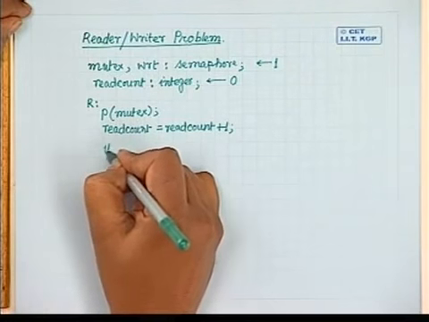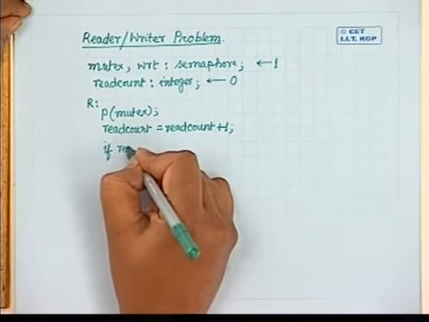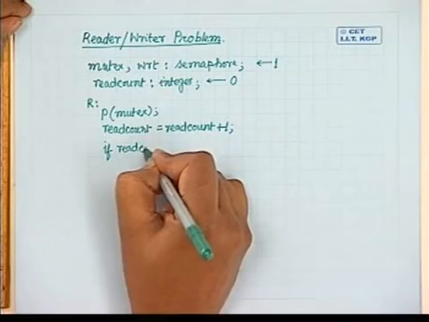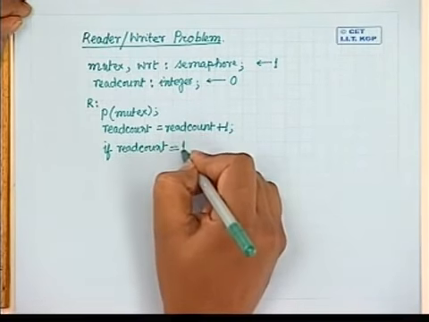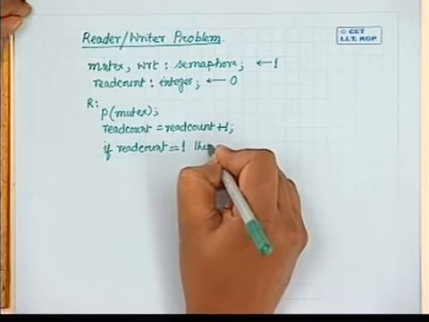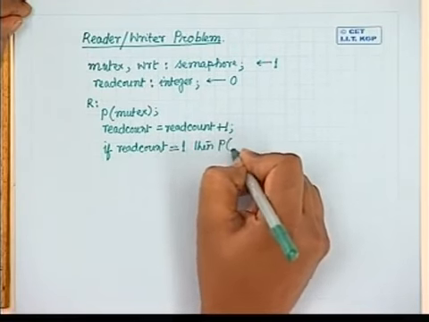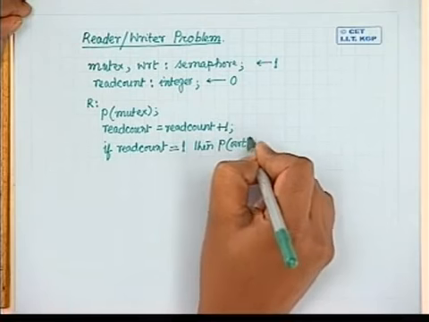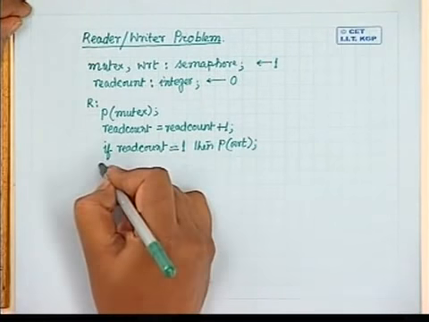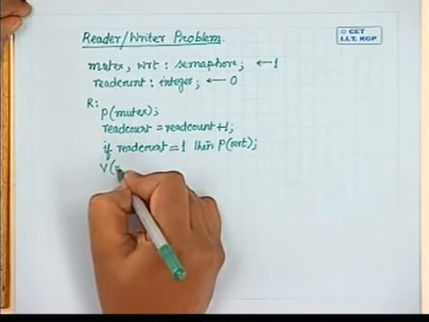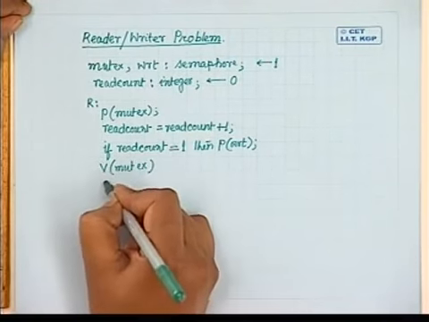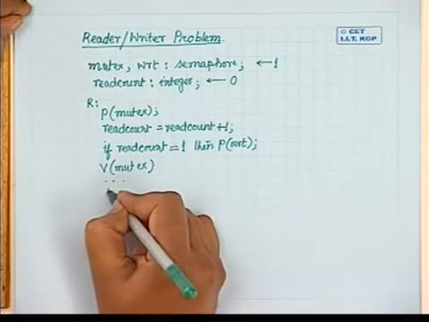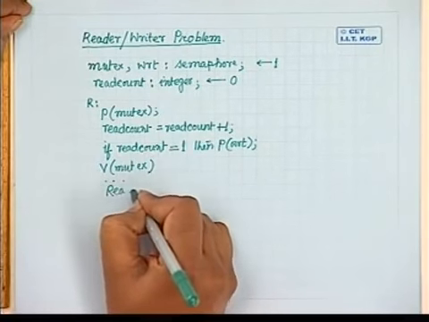Then if read count is equal to 1, then p write. Okay, then you perform v mutex. Then the reader process goes on reading the file.